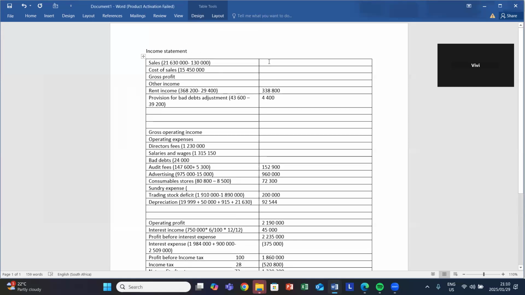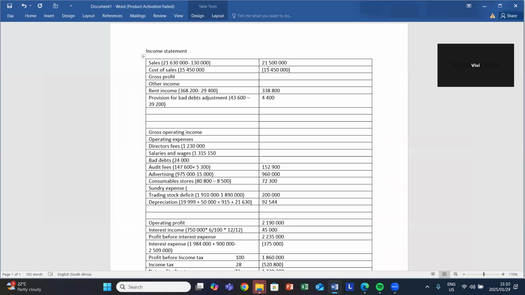So let's calculate the missing figures. Let's start with our sales. How much will be our sales? I think you'll say 21,630,000 minus 130,000, and then we'll get 21,500,000. And then our cost of sales is still the same, 15,150,000.